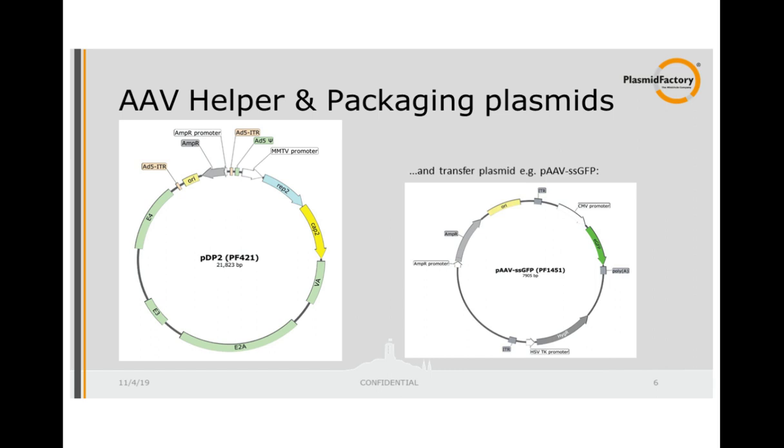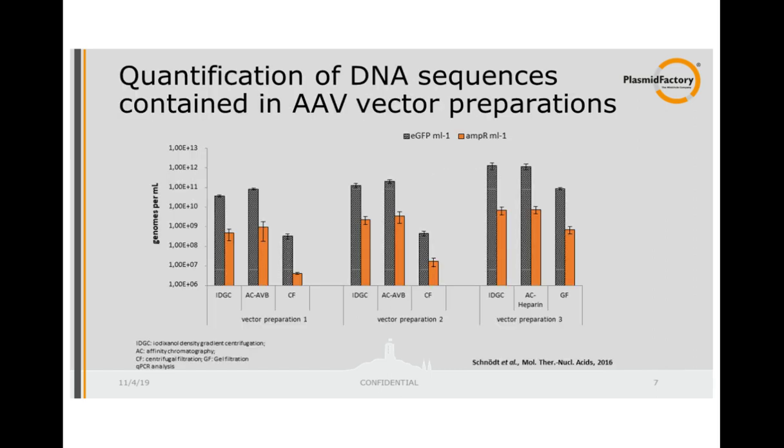On the right side, there is a reporter gene, just as an example for you to see that it's possible to combine the PDP2 on the left side with a transfer plasmid on the right side, and this transfer plasmid contains the gene, the green part is a GFP, just a GFP as a reporter to be able to see that the transfection works and that we are able to make viral particles of the AAV type that successfully can transfer the GFP into the tissue that should be treated with the AAV.